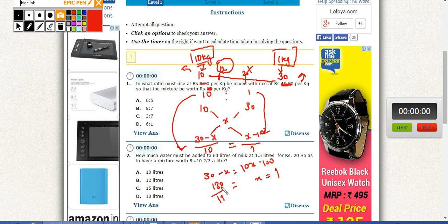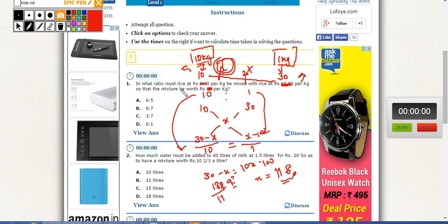That will be 11 point something, right? 11 times 11 is 121, so 11.8 rupees something. Didn't I say to you, even before calculating, that the average price is going to come somewhere close to 10? It comes to 11.8 rupees.